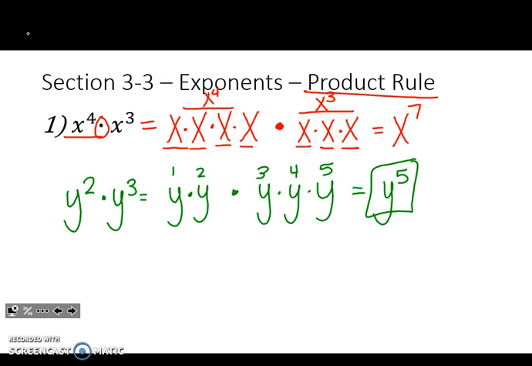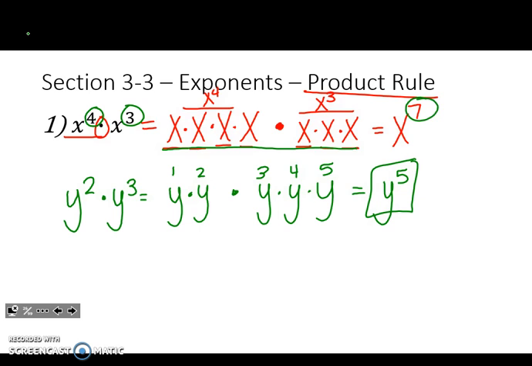So I haven't exactly stated what the product rule actually is, but I hope that you were able to pick up on it. If I have the exponent of 4 and the exponent of 3 on problem number 1, and I wrote it out, then I got the exponent of 7.